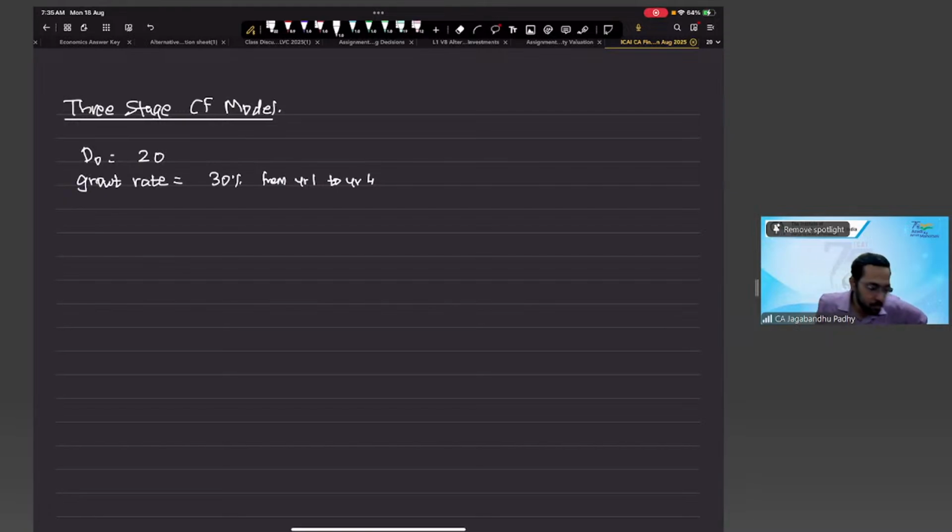Now, this high growth rate of 30% from year 1 to year 4 is going to be there. But do you think it's actually sensible to say that from next year onwards, the growth rate directly falls from 30 to 10? Do you think it makes any sense to say it that way?